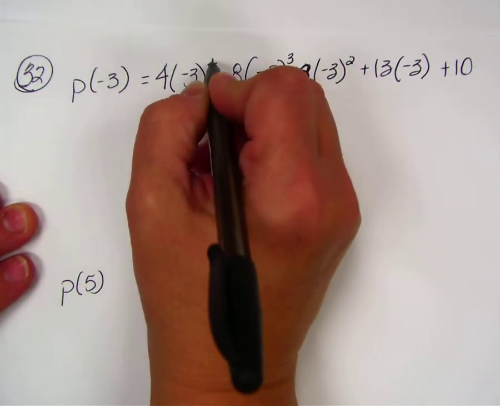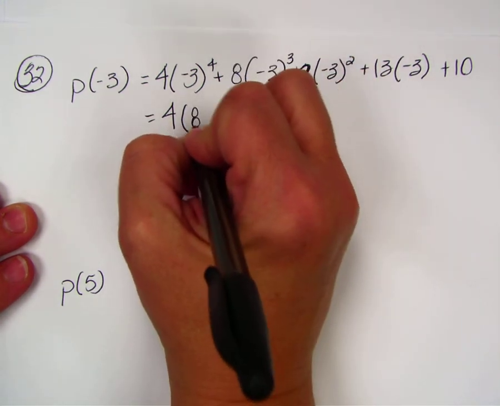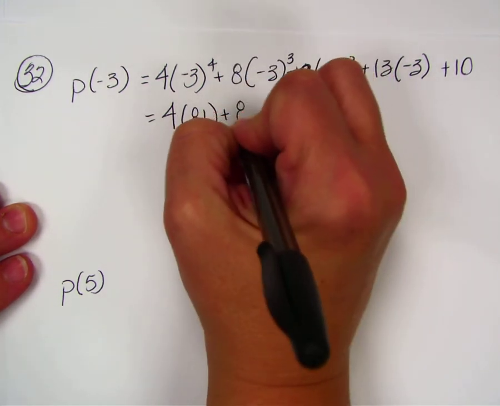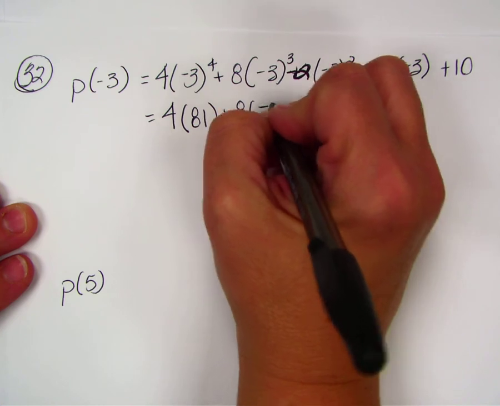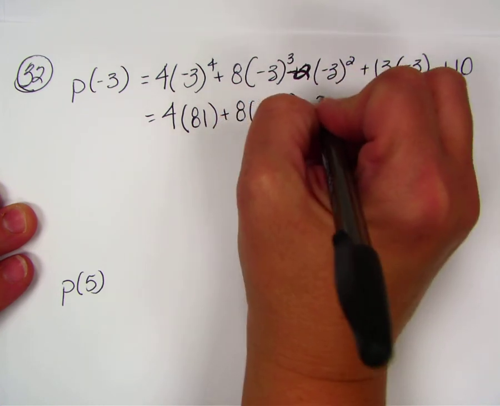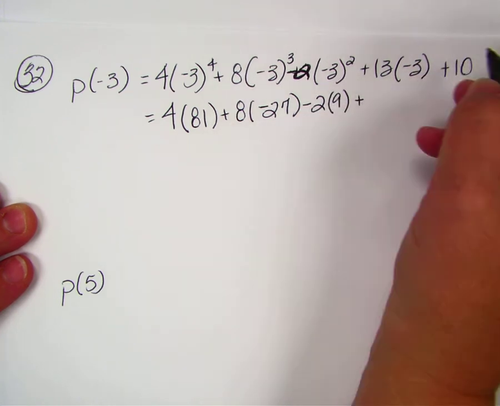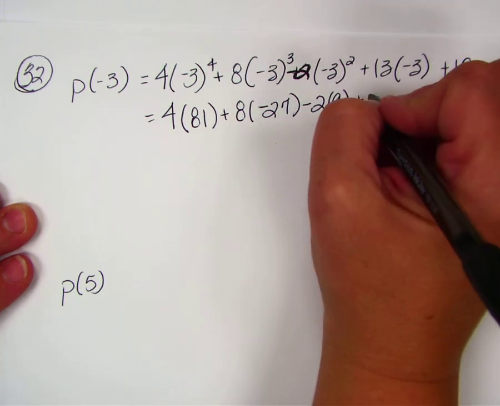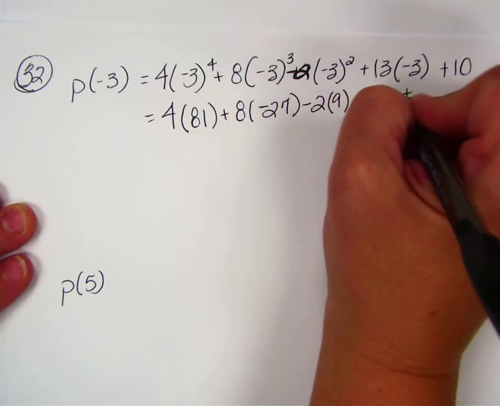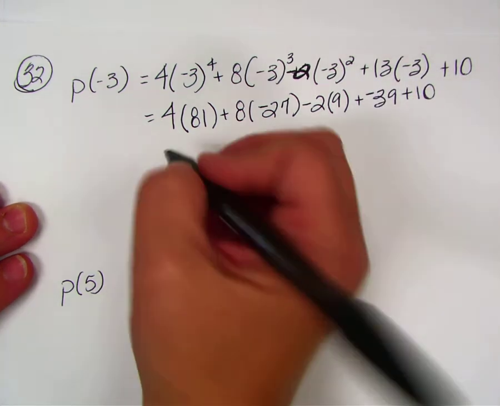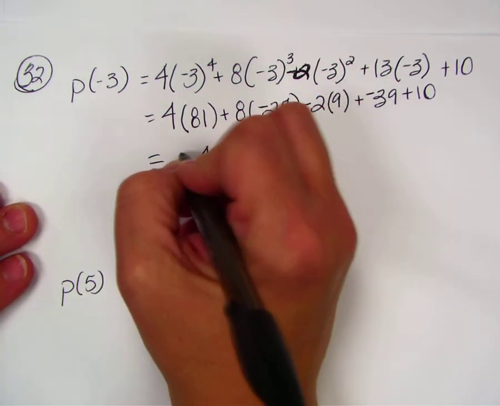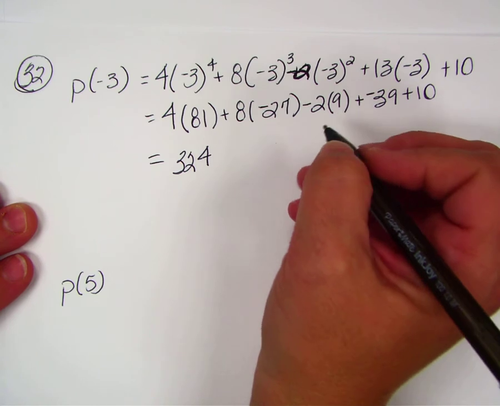So negative 3 to the 4th power is 81. Negative 3 to the 3rd power is negative 27. Negative 3 squared is 9. 13 times negative 3 is negative 39 plus 10. 4 times 81 is 324.